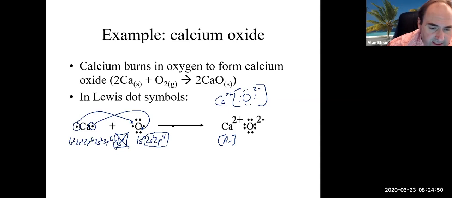The oxygen here in the p subshell has room for 2 more electrons, so it'll pick up those 2 electrons and become 1s2, 2s2, 2p6, and that's going to give us 10, and the oxygen is able to achieve the same electron configuration as neon. So again, they both are able to achieve that noble gas configuration by gaining and losing electrons, and that's a very stable situation. Any questions on that there?